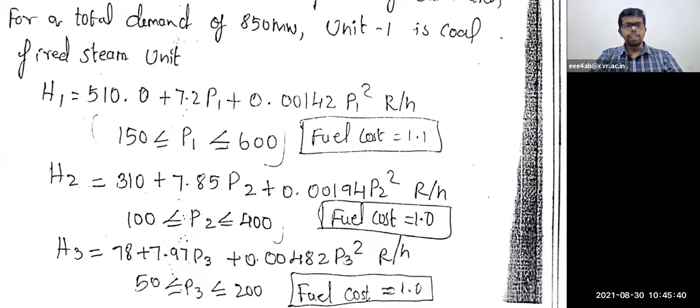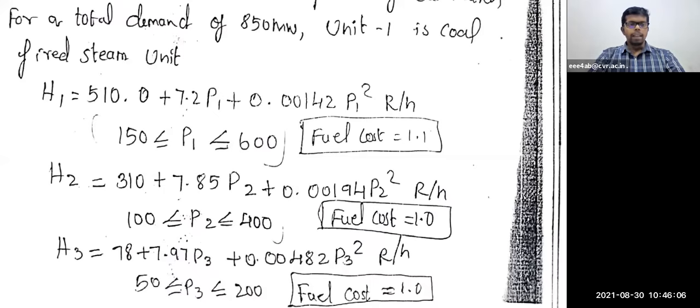Actually, I missed the unit here, so just mention it clearly. The fuel cost of the first generating unit, that is the thermal generating unit, is 1.1 rupees. Because the heat rate is given in rupees, the fuel cost is also in rupees.